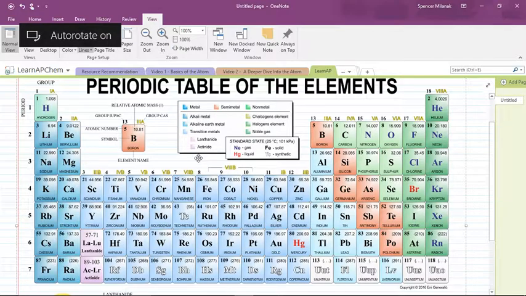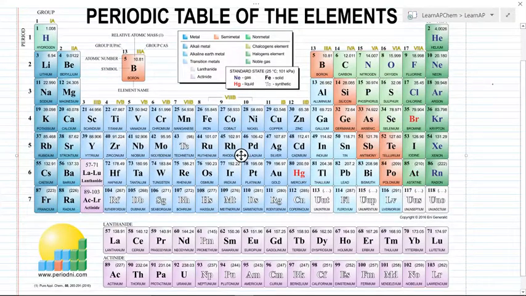Seeing as there are no questions right now, I'll talk a little more about the periodic table. You might be a little confused by this.